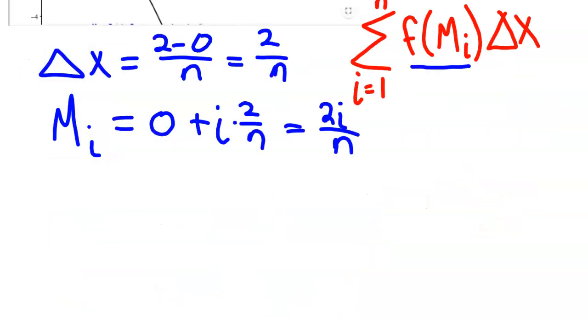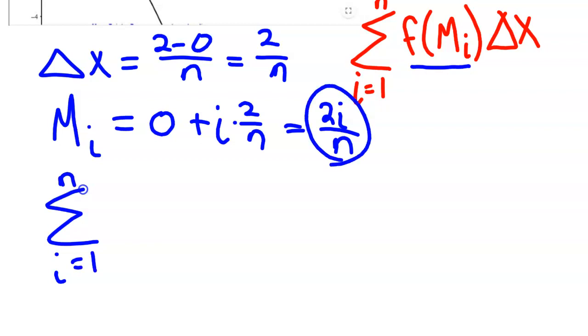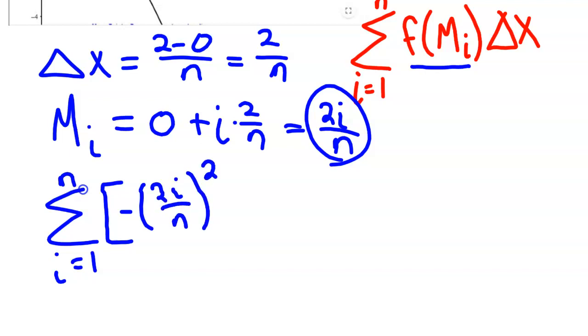Okay, so when we plug that thing in, you would have the summation of i equals 1 to n. You plug in the 2i over n into our function, which, if you remember, it was negative x squared plus 8, so negative (2i over n) squared plus 8.